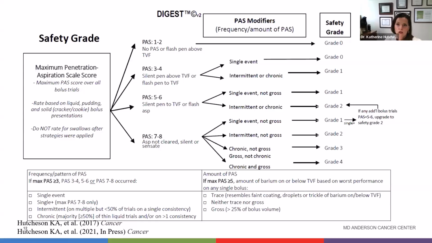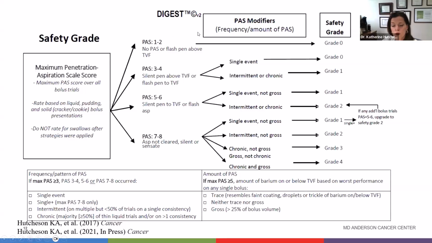What Digest did was then map what we see on the modified barium swallow study to putting the results in those general lanes. And as many who are familiar with the instrument might know already, this here is the Digest safety grade. So the Digest safety grade starts by scoring penetration aspiration scale scores for each bolus in your protocol, and then identifying the maximum or worst degree of penetration and aspiration scale scores that were observed over the entire study.